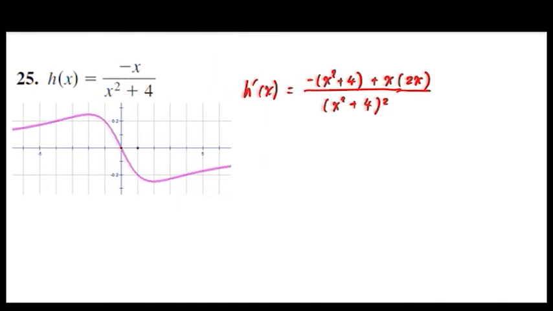You with me? So we have negative x squared, 2x squared. So we have x squared minus 4 over x squared plus 4 squared, which is also known as x minus 2, x plus 2.